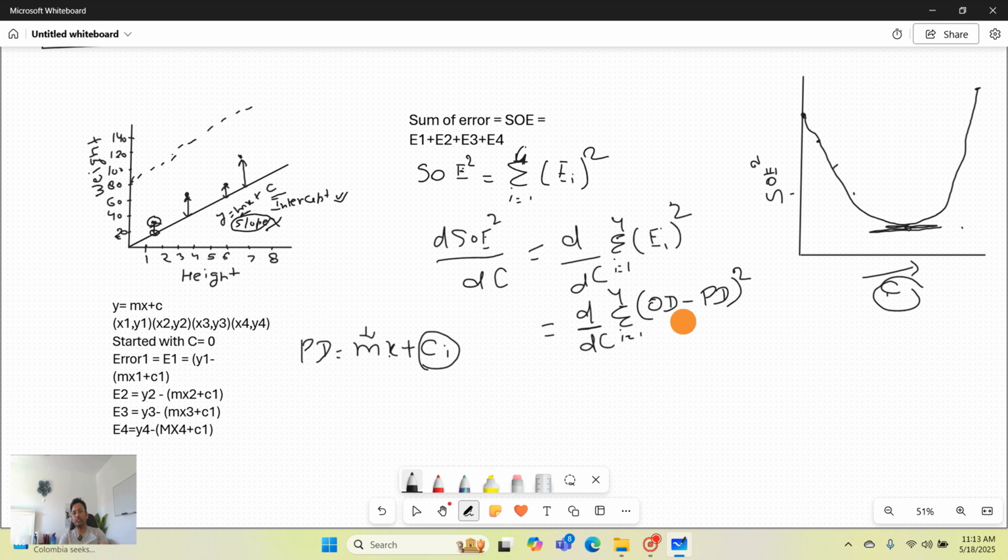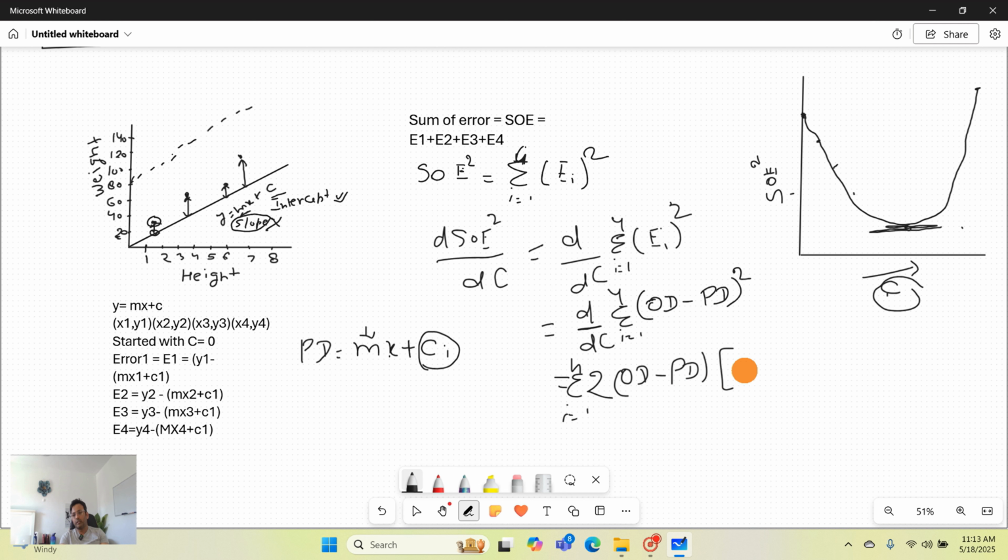We are finding our prediction based on c. So what we will do here: 2 times OD, the observed value, which is a constant, simple. If you calculate it, it will come out to be 2. Let me take out the summation here, 2, OD minus PD.